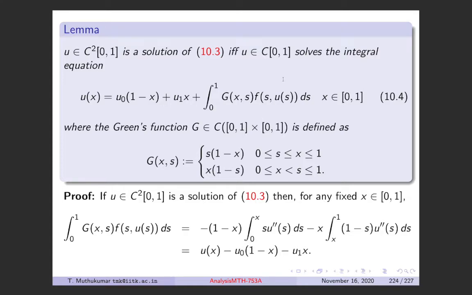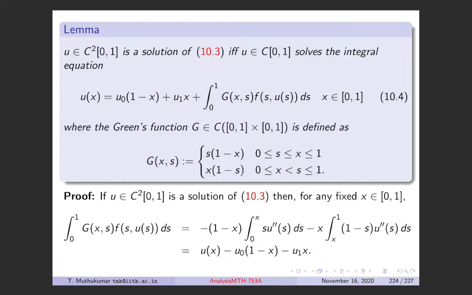Then let's compute this integral of g times f, where g is as per the definition. If you compute this integral using this definition, in the range 0 to x we get s(1 minus x), which is what we have here, and in the range from x to 1, we get x(1 minus s), which is here.